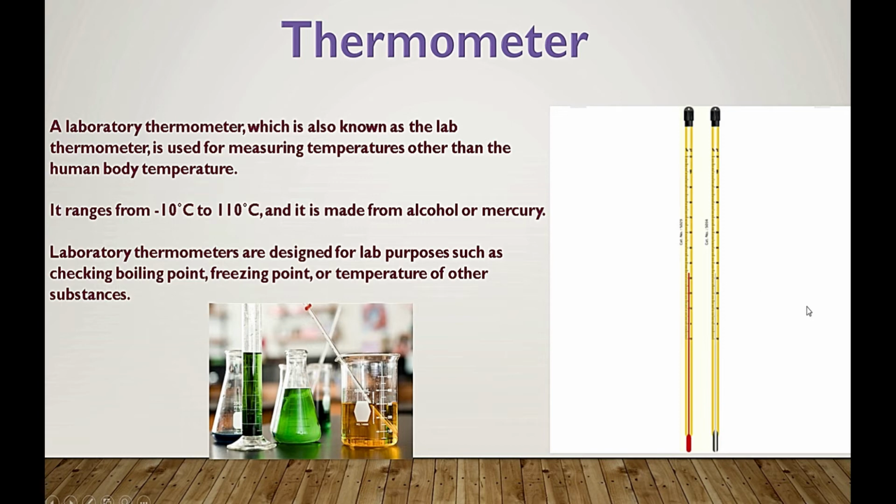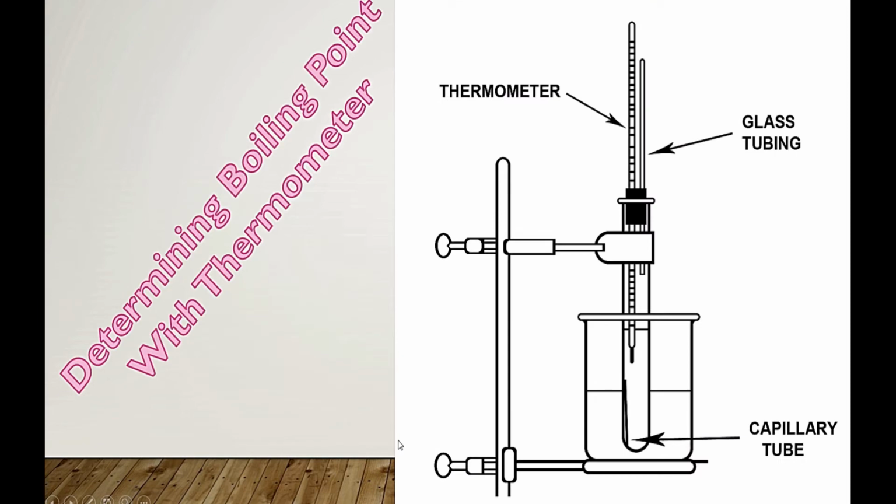Laboratory thermometers are designed for lab purposes such as checking boiling point, freezing point or temperature of other substances just like this. Here you can see one of the uses of thermometer. It is used for determining boiling points also or melting points of any substance also.